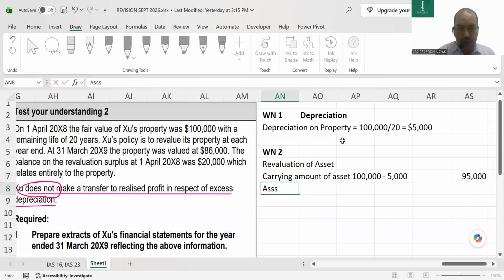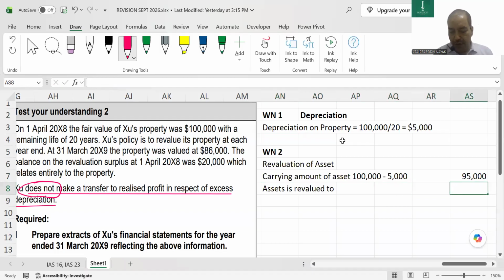Asset is revalued to 85,000. Oh, sorry, 86,000. Yeah. So there is a revaluation loss of 9,000.